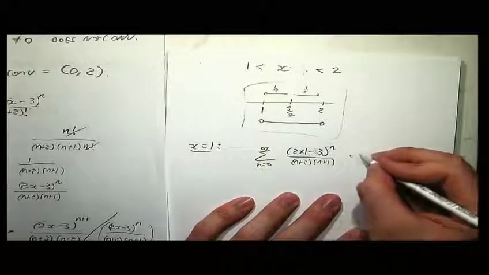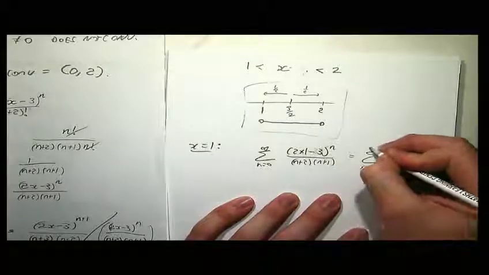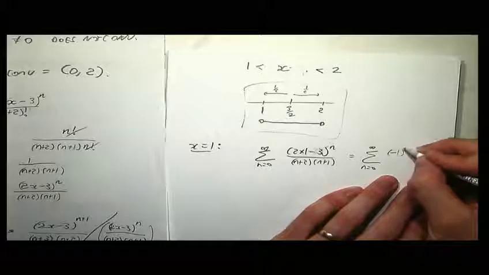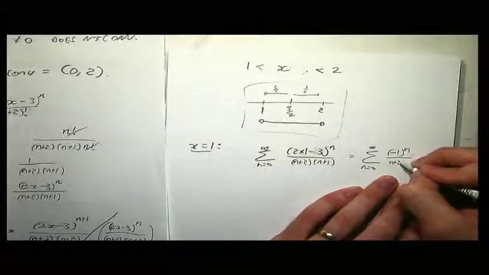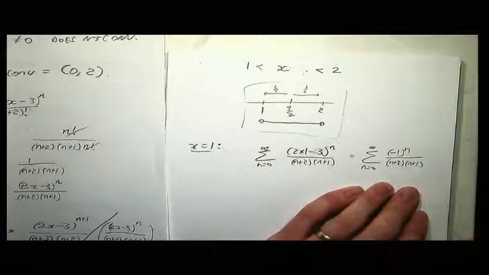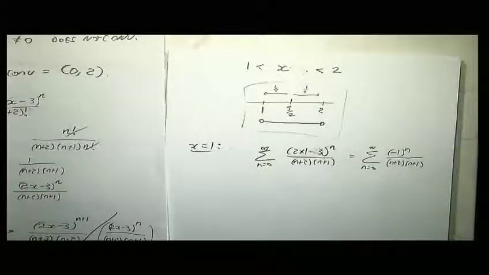So we end up with minus 1 to the n. That's what we get when x is 1. And we look at that and we say, can I tell if it converges? Well, this one we can.